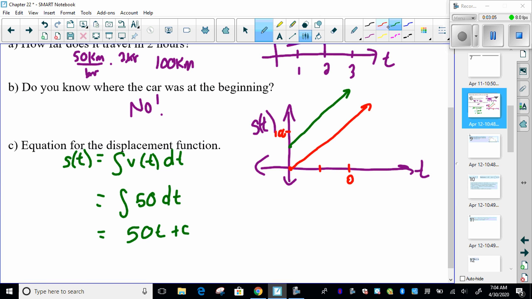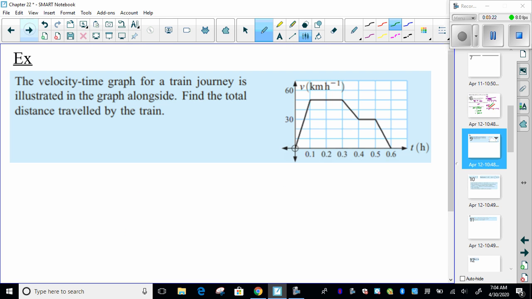So this equation here is the 50t. This equation here is the 50t plus c. Again, knowing that we're shifting up, we can find our displacement as well as our time, as well as our integration.